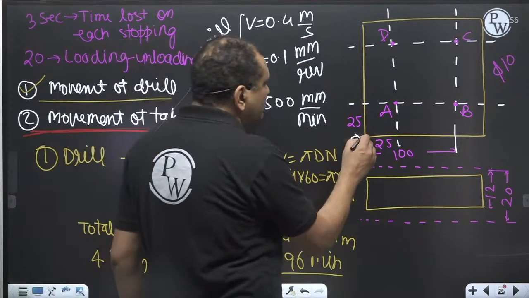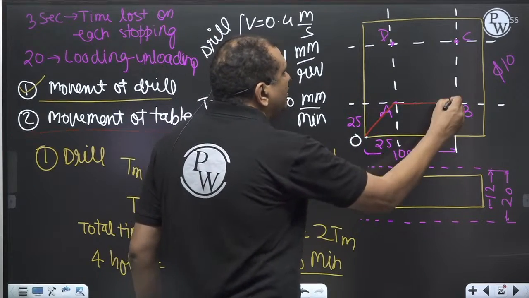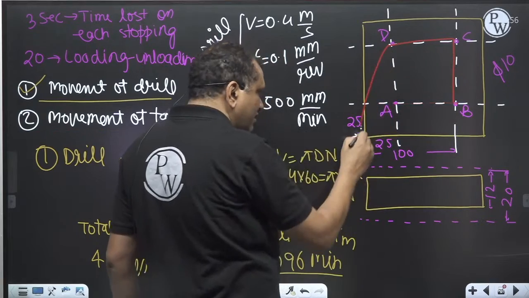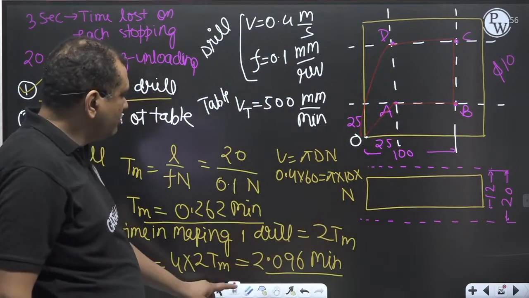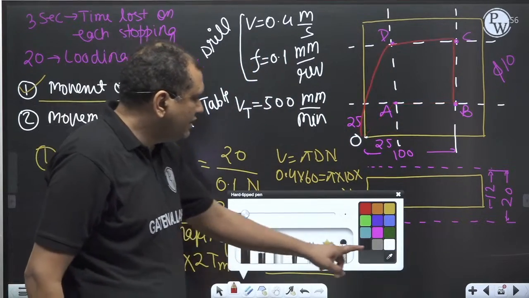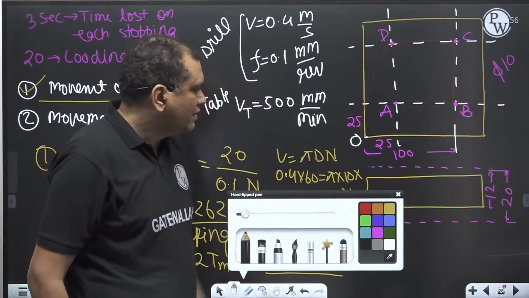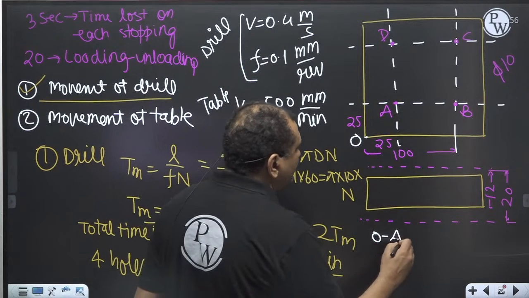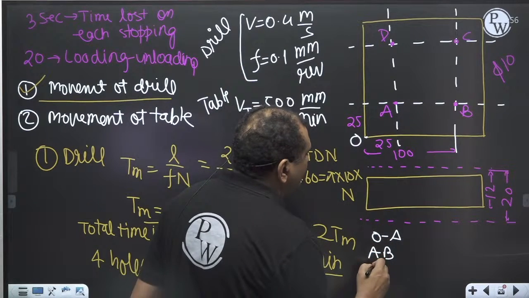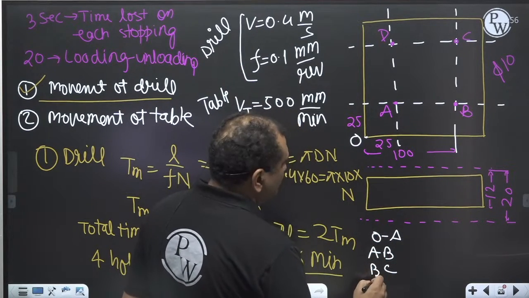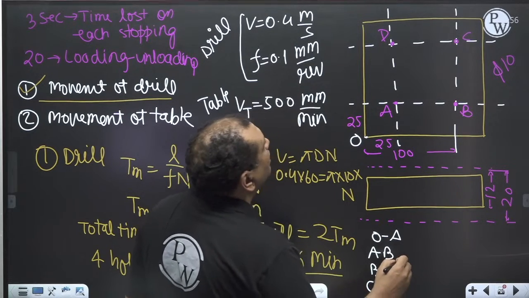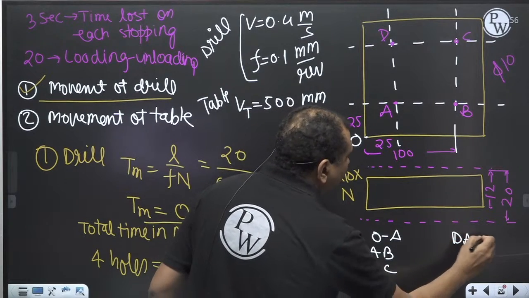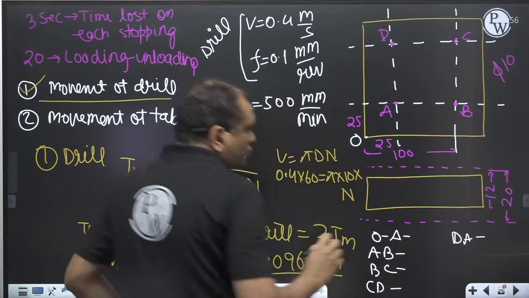The table goes from O to A, A to B, B to C, C to D, and finally D to A. So how much is the movement?